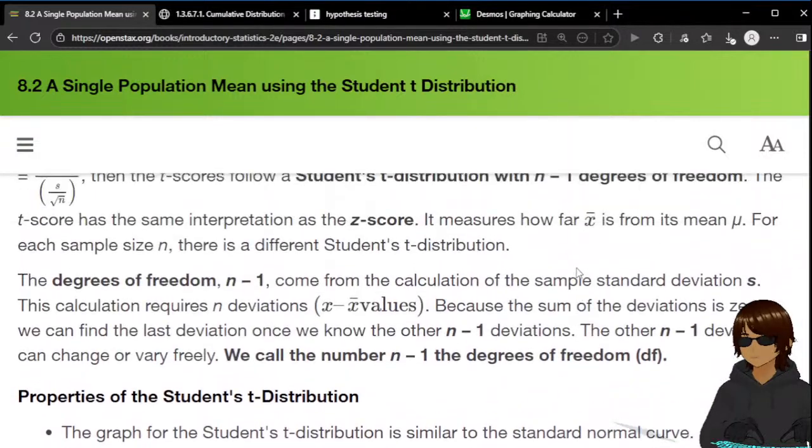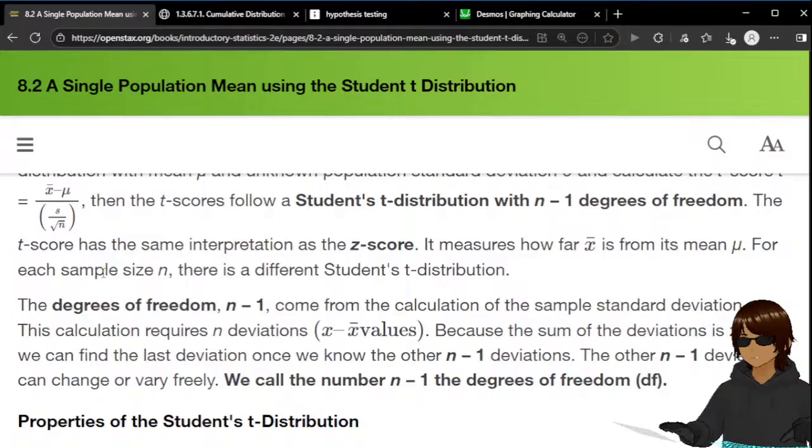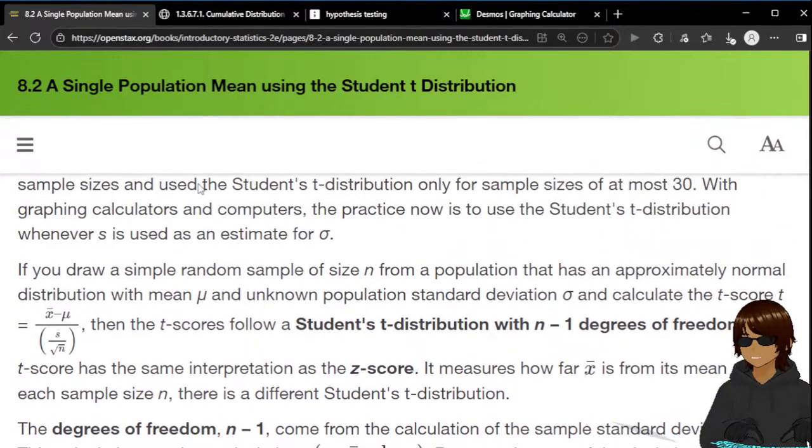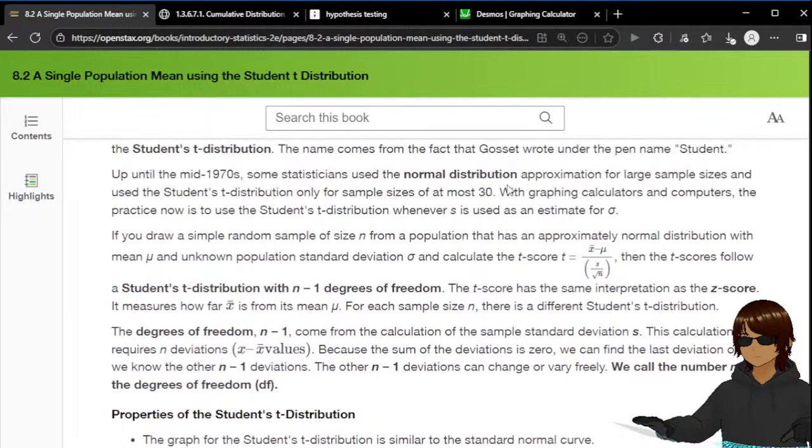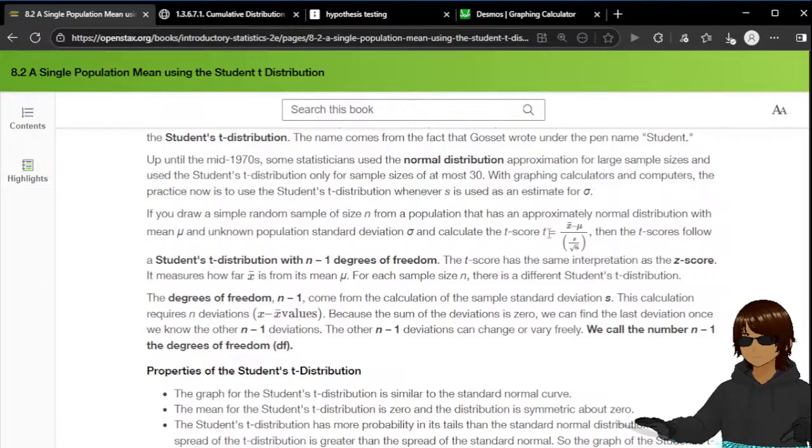Over what? S divided by root n. What is S? Then the t-scores follow a student's t distribution with n minus 1 degrees of freedom.